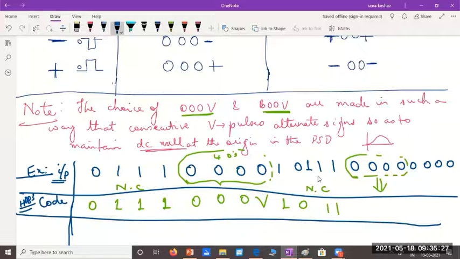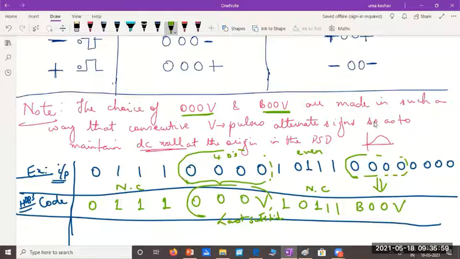Let me make it an even number of ones. So if I have an even number of ones here, since my last substitution, this was my last substitution. After that, you count the ones. I have 1, 2, 3, 4 even ones. If you have an even number of ones, you will replace it with B00V, this sequence.